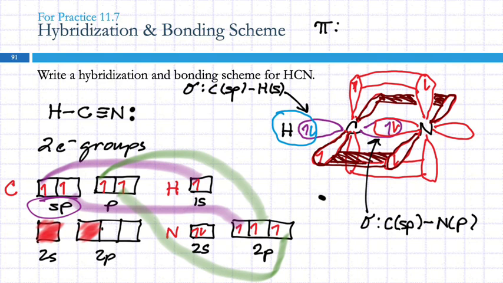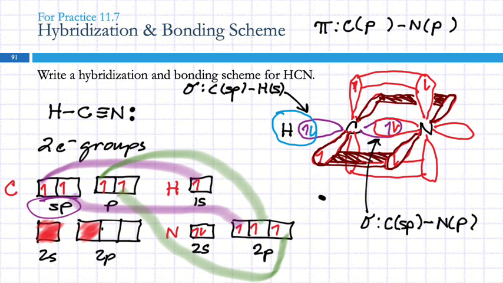And these are between carbon and nitrogen. What kind of an orbital is carbon using? A p orbital. And what kind of an orbital is nitrogen using? The p orbital.